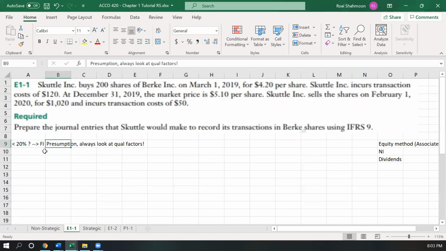Okay. So the first thing we have to do for these types of questions is the entry at the purchase date. And the purchase date here is simply March 1st, 2019.